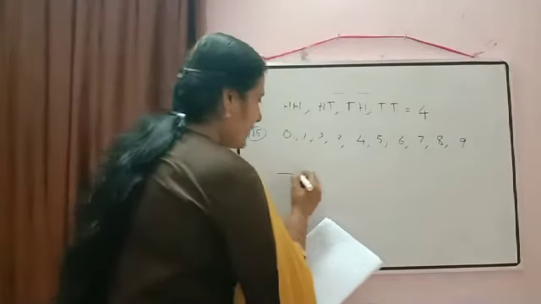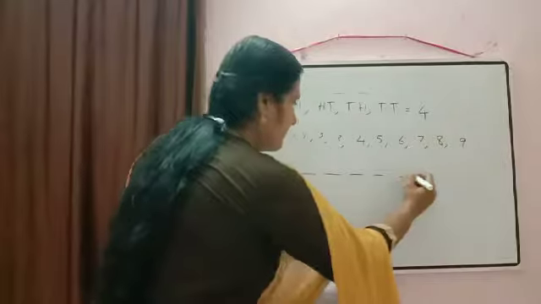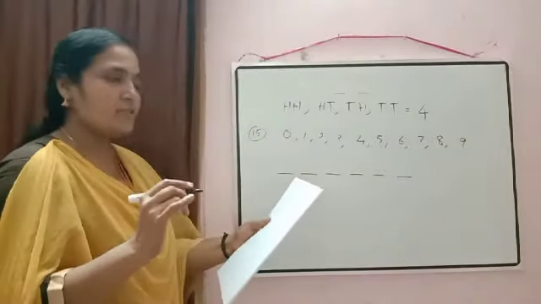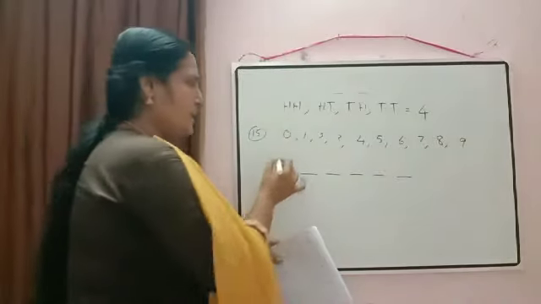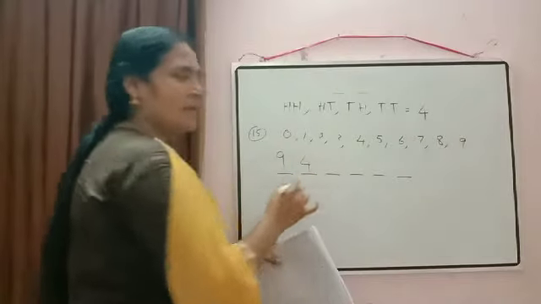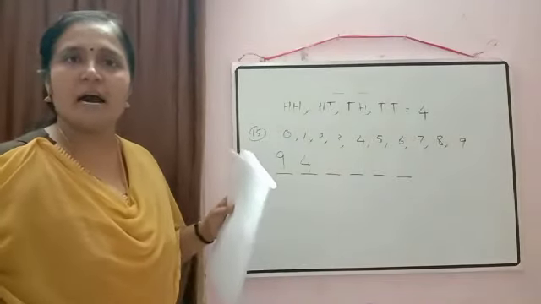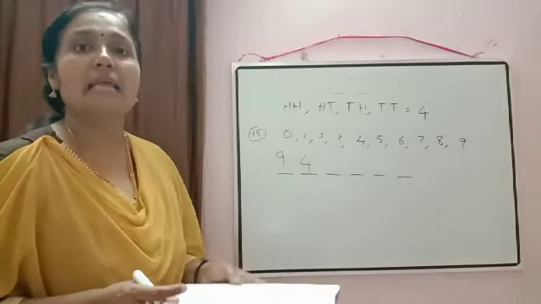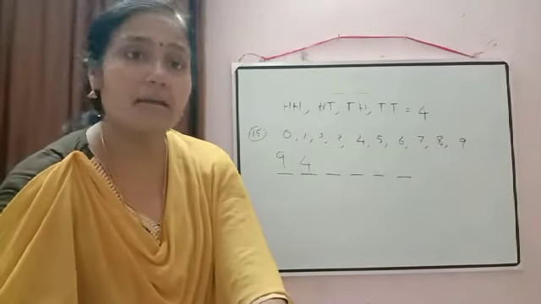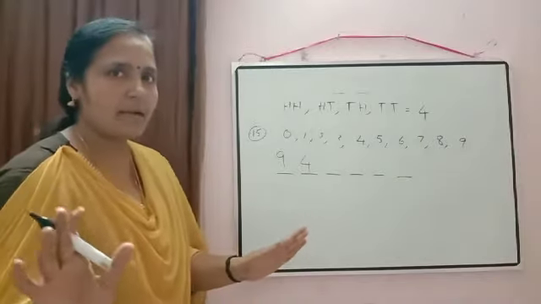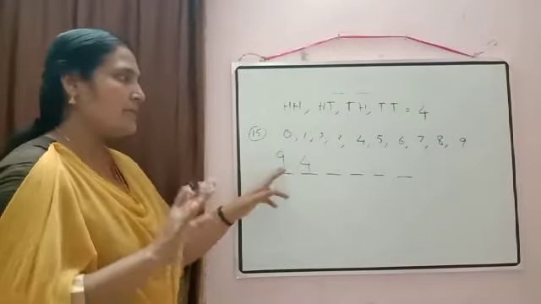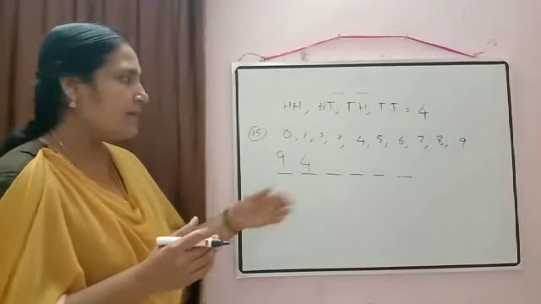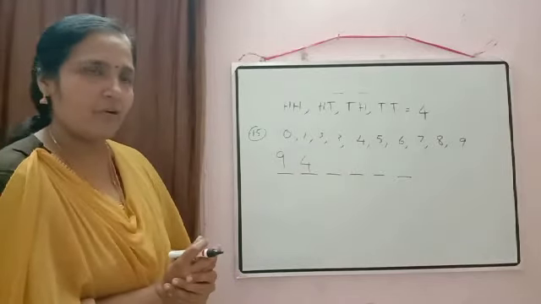We have to make a 6-digit telephone number and each number should start with 94. Means these 2 places are already filled. 94 should come there. Then for the remaining, no digit appears more than once, meaning repetition is not allowed. Okay, your number should start with 94 only and it should be a 6-digit telephone number.